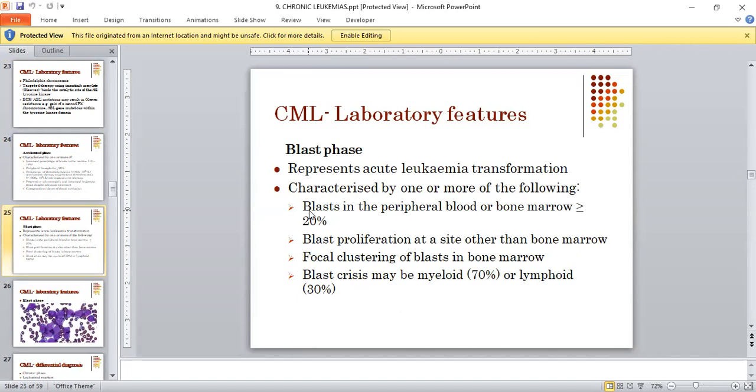Then the blast phase, the blasts develop now, they are released into the blood, meaning you have the immature cells that basically are not able to fight off infections. So they're now present in the blood. Now this one now presents like an acute leukemia.